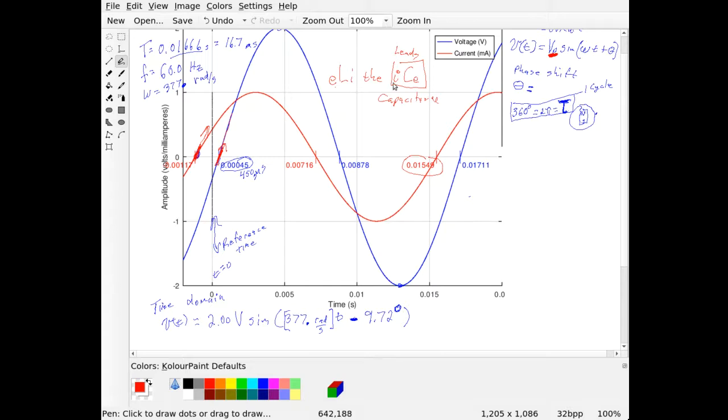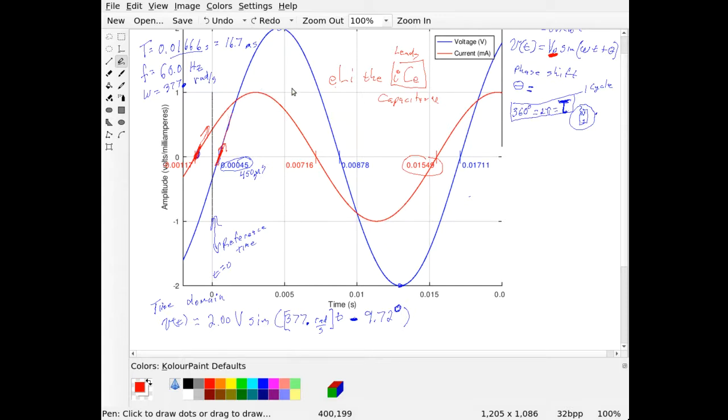Okay, so the current is in front of the voltage. So that is Eli the Iceman. So we know in this case that I have capacitance. Now I probably also have resistance in this. Actually, I know I do. You can actually see it right here because it's not a 90-degree angle.